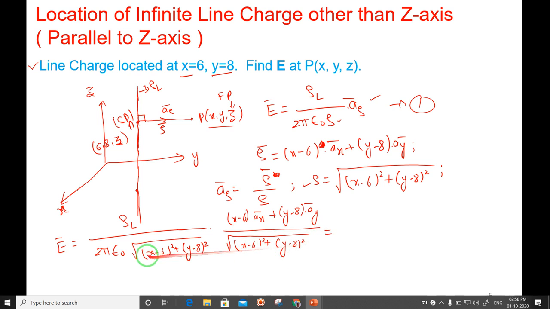We can rewrite it, right? Root of the same quantity is that quantity to the power of half, so the product will be the quantity to the power of one. So I will rewrite this as rho L by 2 pi epsilon, root of this, it will be 1. So I will write it as x minus 6 whole square plus y minus 8 whole square.